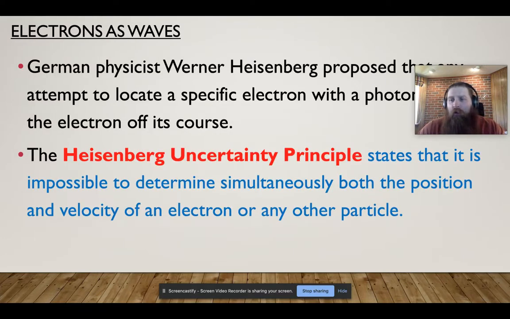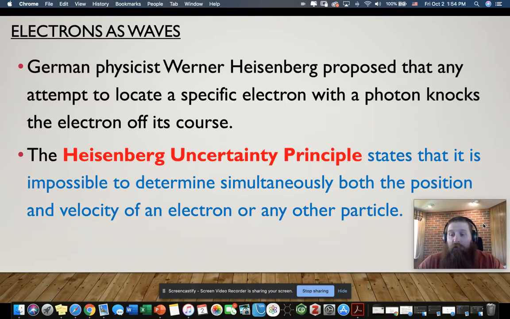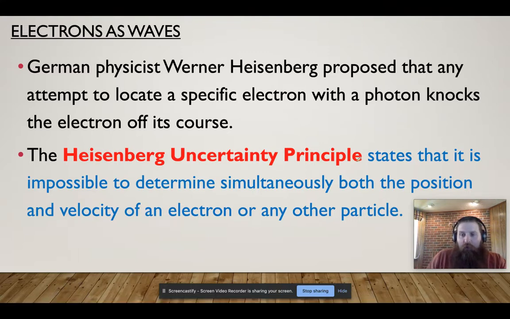Now, Heisenberg points out that if you're going to have electrons acting as both particles and waves, and you want to know where they are, in order to do that, you have to bounce a photon off of it. Just like if I want to see something, I have to bounce a photon off of it. I have to do the exact same thing in order to figure out where an electron is. So the way that we see, I have a tree here.